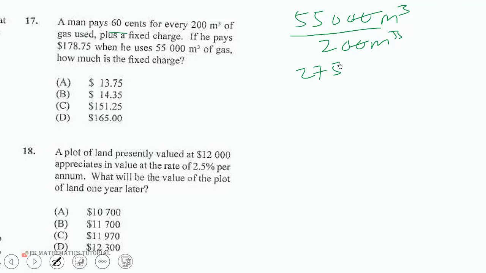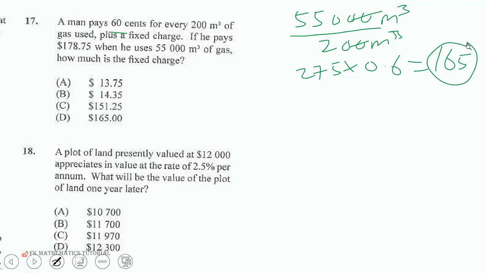We have to, she pays 60 cents. We have to multiply 0.6 by this, so 0.6 times 275 will give us 165. So 165 is the cost that the person pays for the gas.